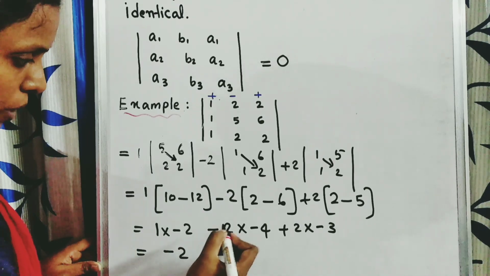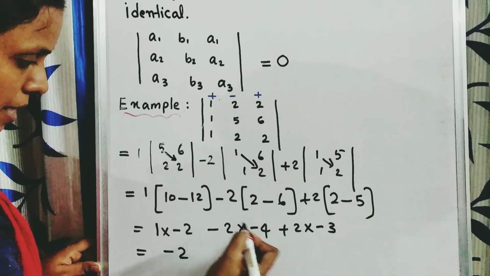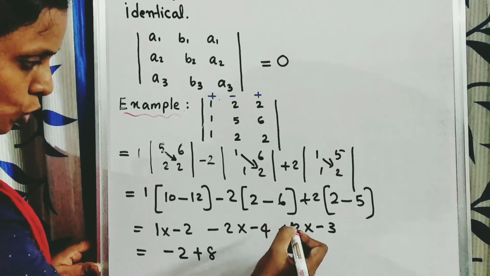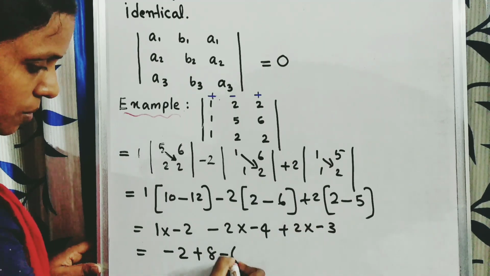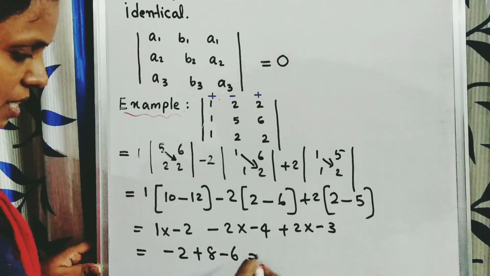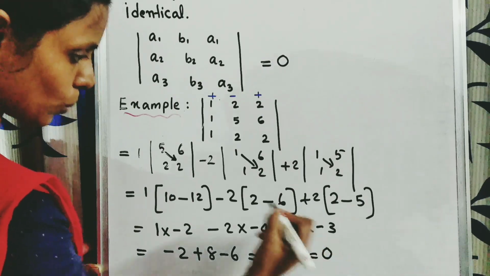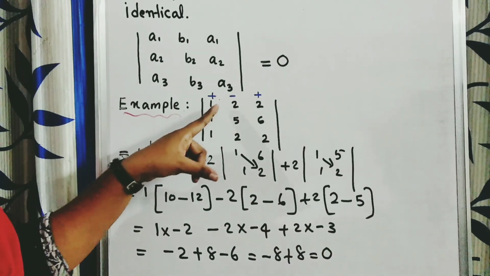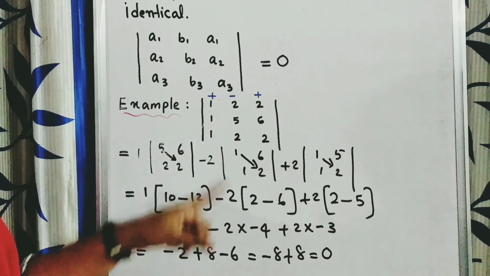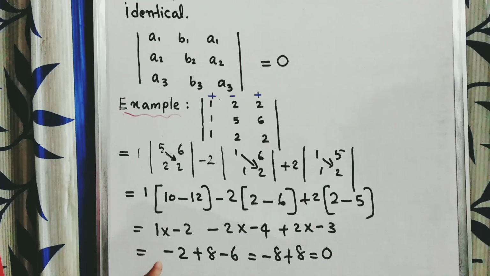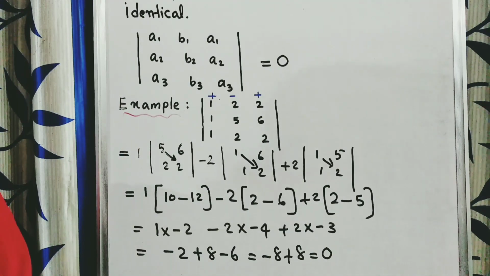Then 2 into minus 4, that is minus 8, and with the negative sign, we get plus 8. Then 2 into negative 3, we get negative 6. That is negative 8 plus 8, equal to 0. Hence determinant 1, 2, 2, 1, 5, 6, 1, 2, 2 equals 0. Hence property 2 is verified.